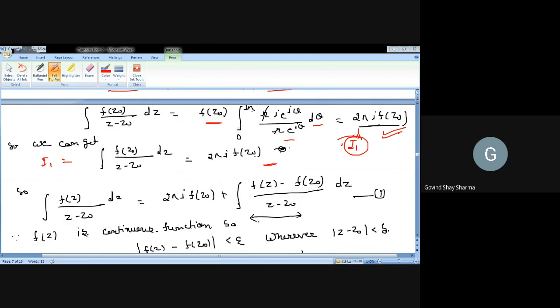Now we come to the point I2. Here we are given that the function is continuous.